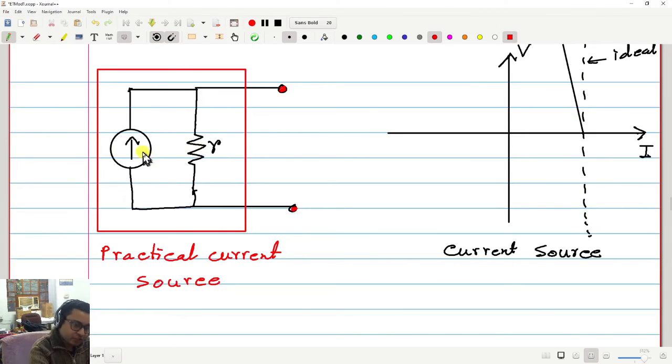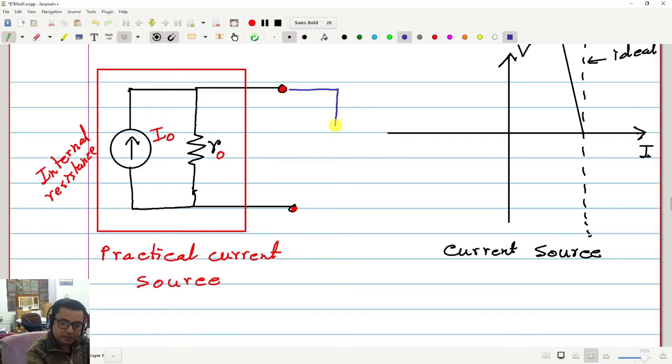Now, suppose this source has a value of I naught, and this resistance has a value of R naught. This is the internal resistance or internal conductance. Now I do the same experiment as before.